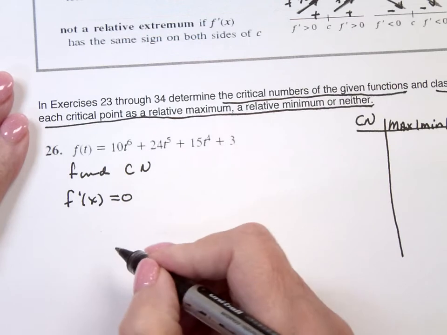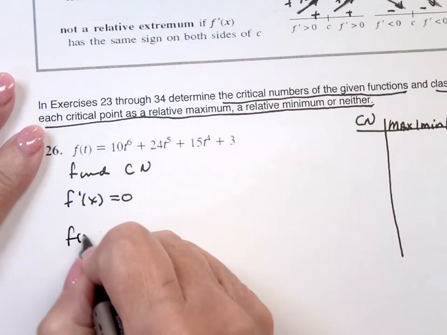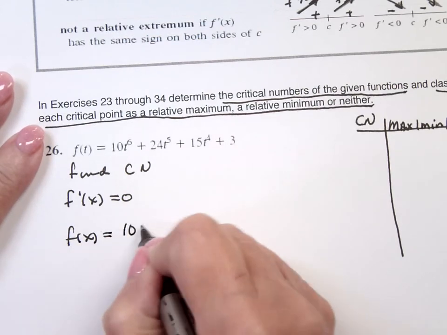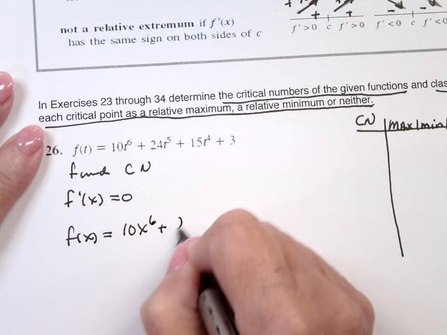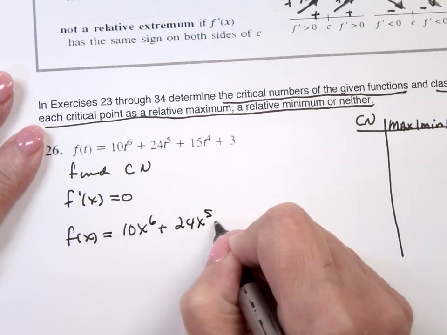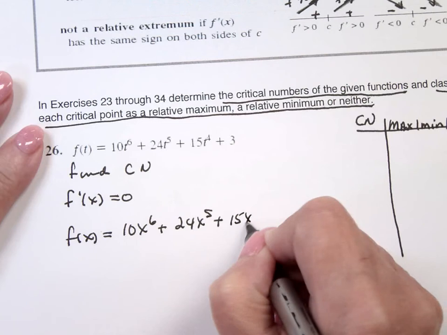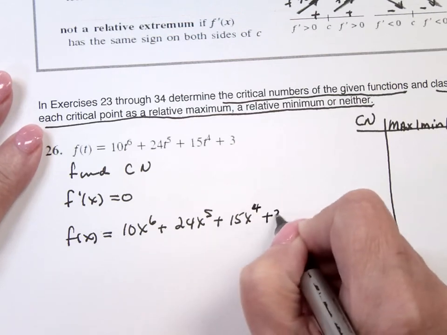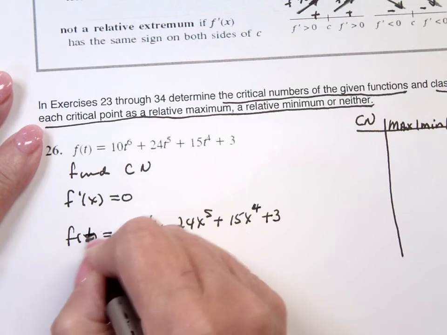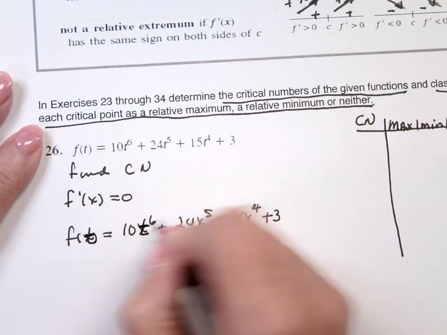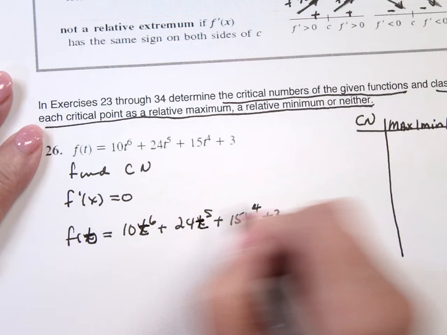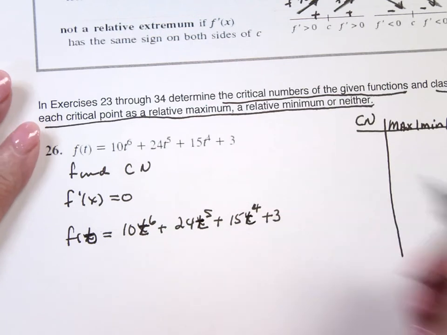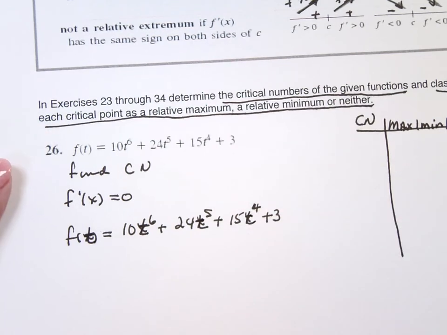So f of x equals 10x to the 6th plus 24x to the 5th plus 15x, not x, t, to the 4th plus 3. I hate when they have different letters other than x's. That's why you don't see me using many other letters on my worksheets and handouts, because otherwise I have to go in and do what I just did, change the letter.